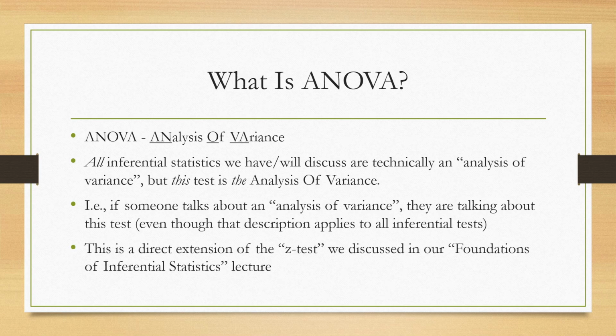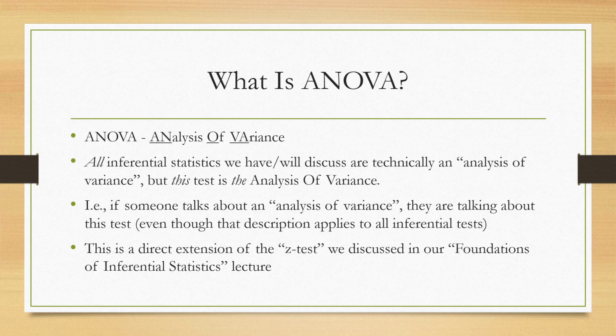And as we mentioned earlier, this is an extension of the z-test that we discussed in the Foundations of Inferential Statistics lecture. That test, which we only covered that one, and we kind of mentioned that the t-test could also be used, those were used in the context of a single sample.